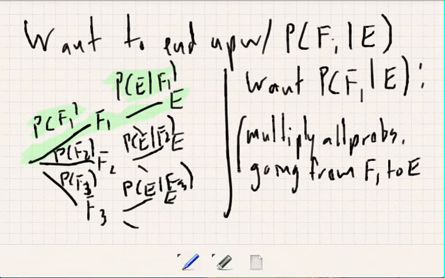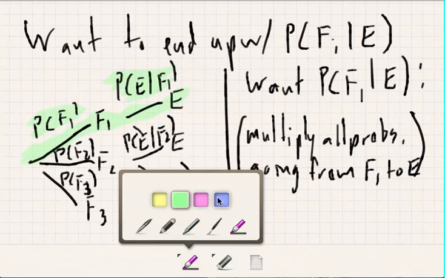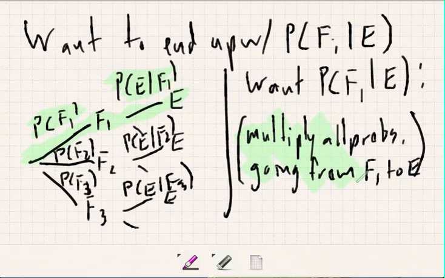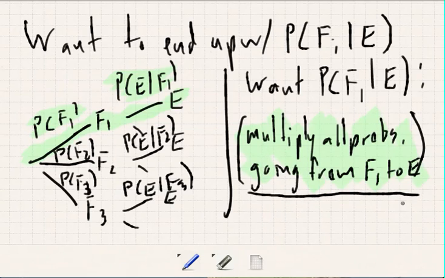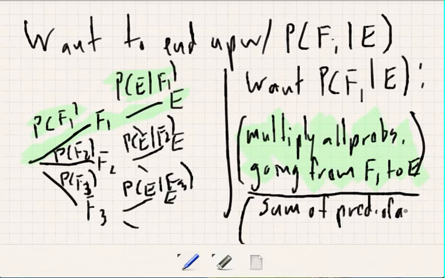That's highlighted in green. And then I divide that by the sum of the products of all probabilities on branches going to E.